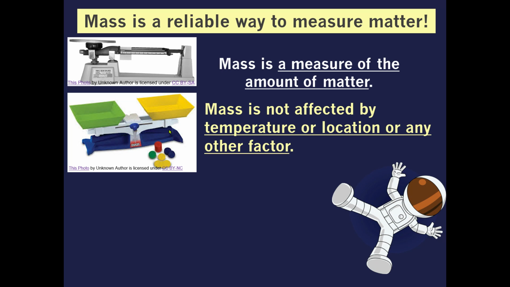So if you were to take a 100-gram person here on Earth and take them up to the moon, they would still be 100 grams. The only way to change it is to whack off an arm, and then obviously we would be changing their physical characteristic.